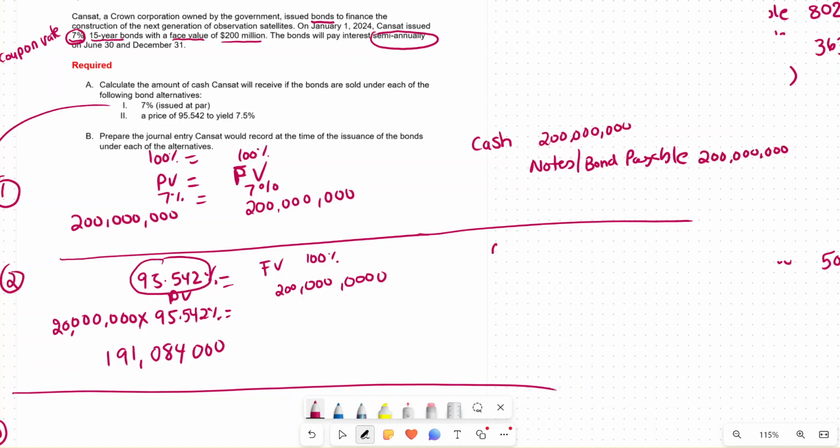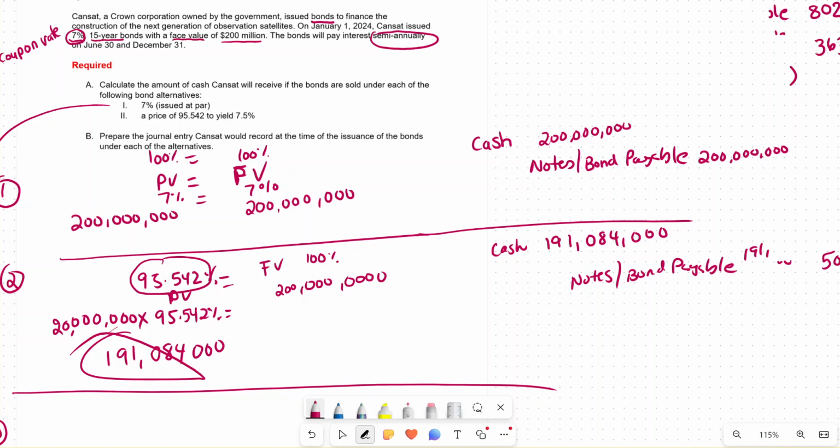Debit will be cash, credit will be notes or bond payable, whatever the present value is, in this case the present value we just calculated, 191,084,000. So these were all the questions up to chapter 10.